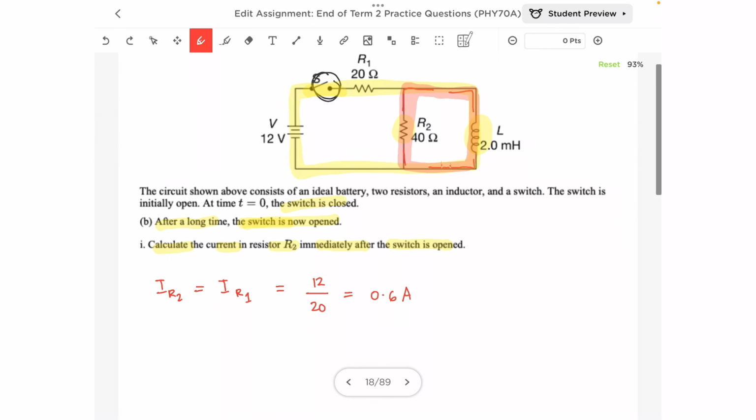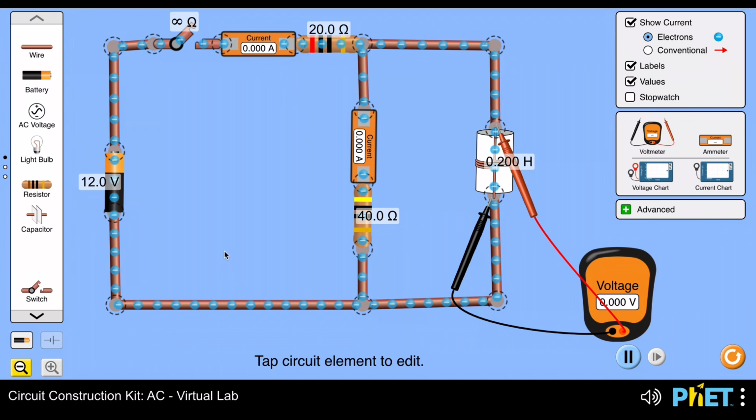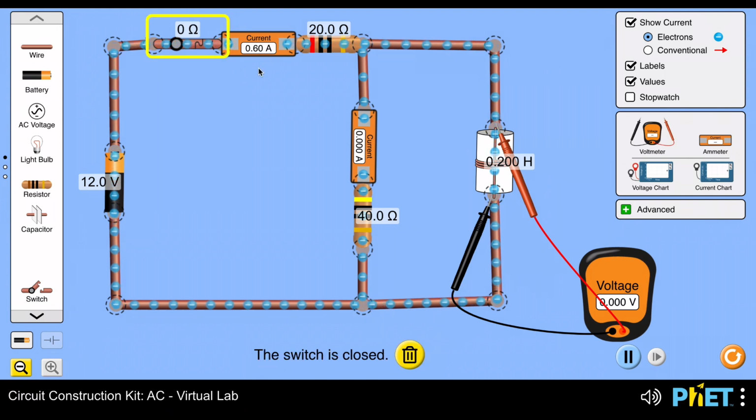Now let us verify this with a simulation. Currently there's no current flowing through the circuit because the switch is open. Now let's close it, and as we close it, there's current flowing through R1, which is equivalent to 0.6 amperes.